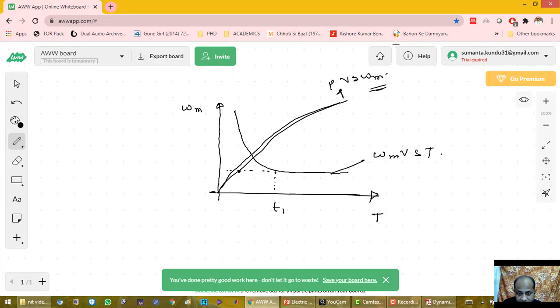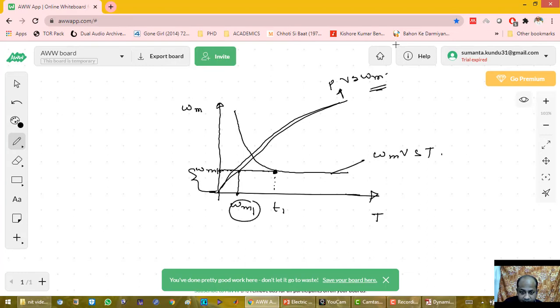This is my omega m1. Now for that particular speed omega m1, we will again get the power. So are you getting my point? For this particular t1, we will get the value of omega m1.